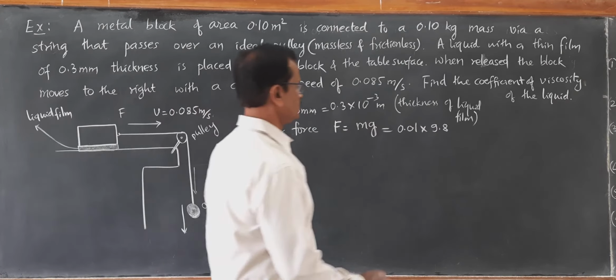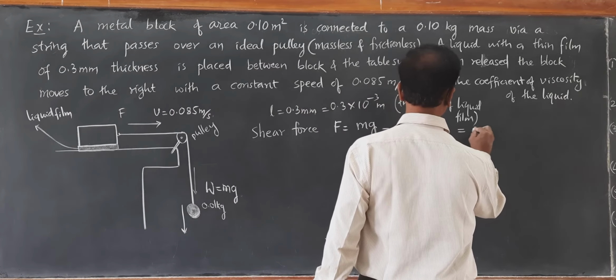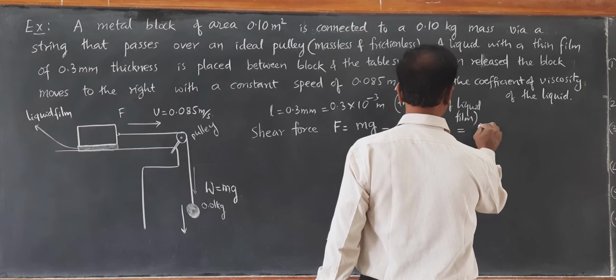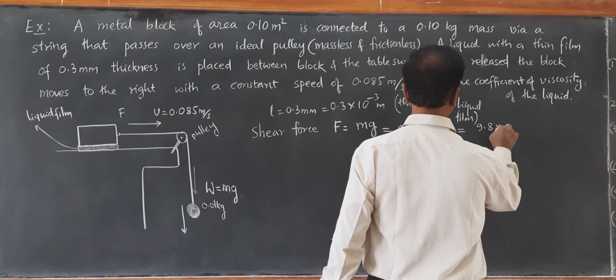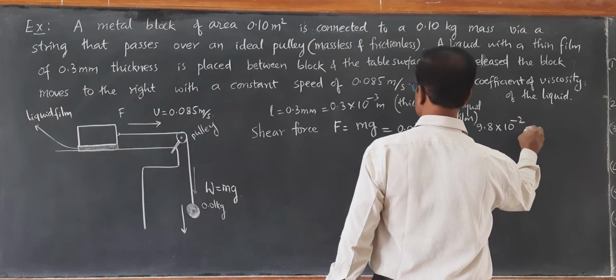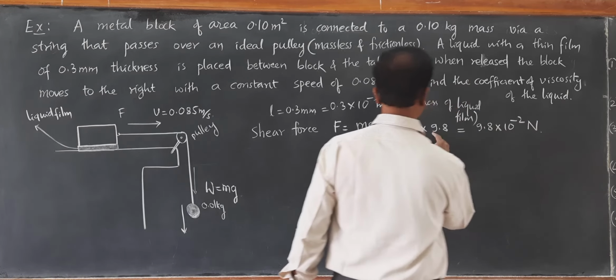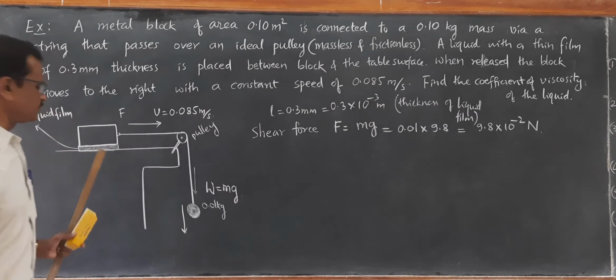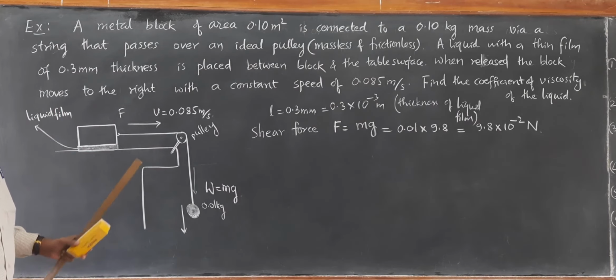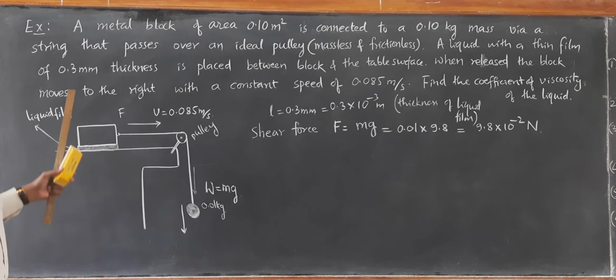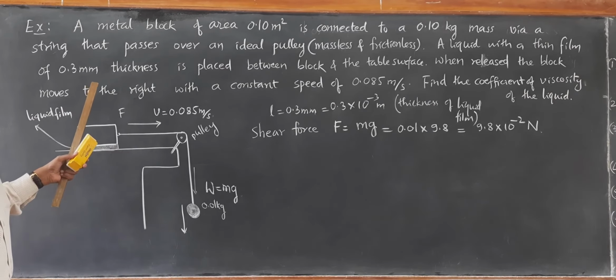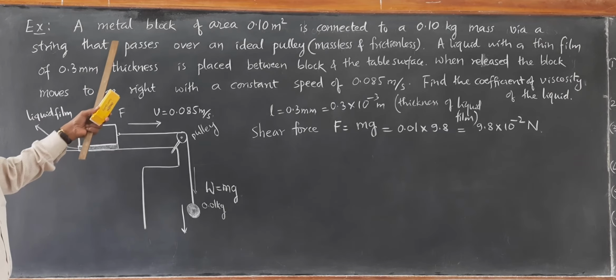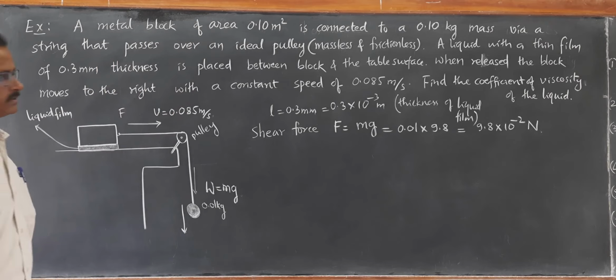So you can write 9.8 into 10 to the power of minus 2 Newton. Now, what is the surface area? Surface area we need to calculate. The thickness is given, and the surface area of the block is given.